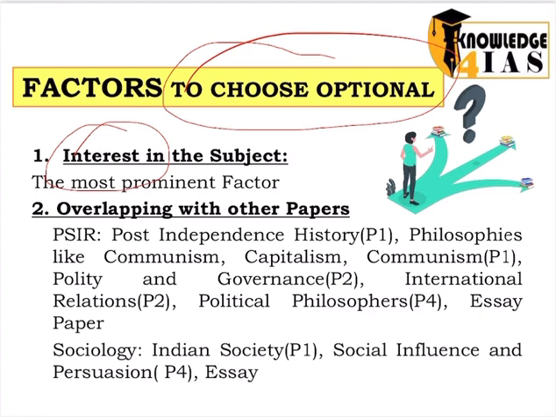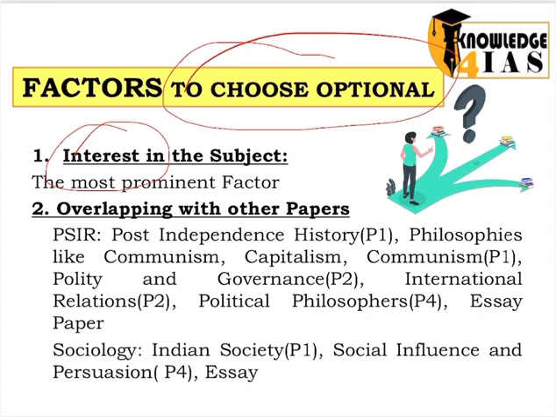Otherwise, after a few years, after 2 years, you will start feeling that this subject is not a good choice. I have taken a wrong decision, but I cannot go back because I've invested a lot of energy, a lot of time, a lot of money in this subject. And this will completely collapse your preparation strategy.